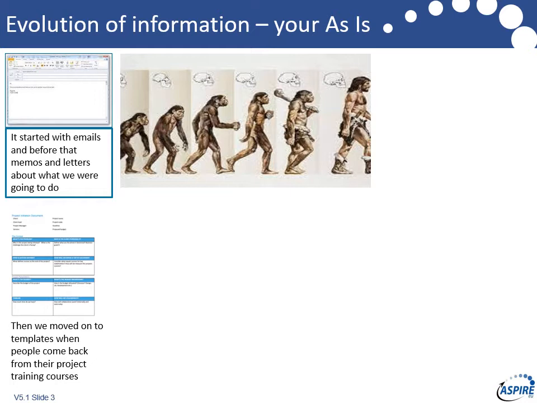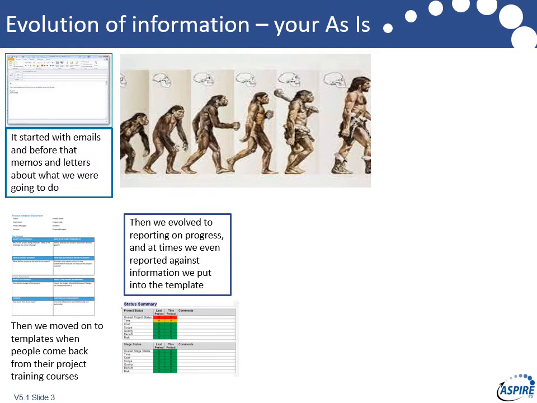When we did some analysis of this at one point, there's basically two threads of information that we need. We need to capture why we need the project, the business justification, and then we need to capture the status of the project.